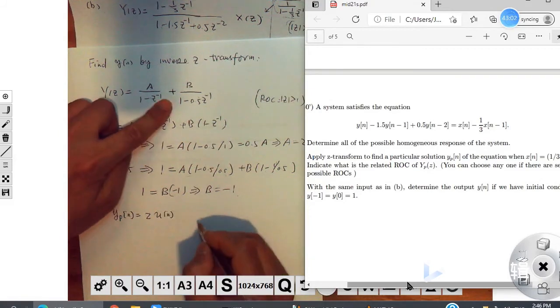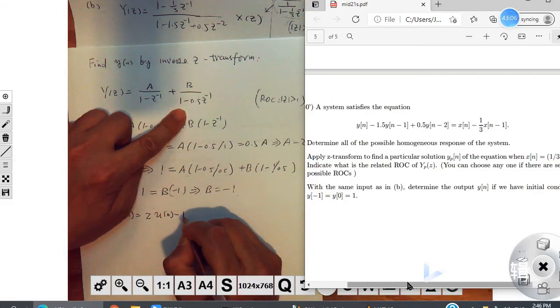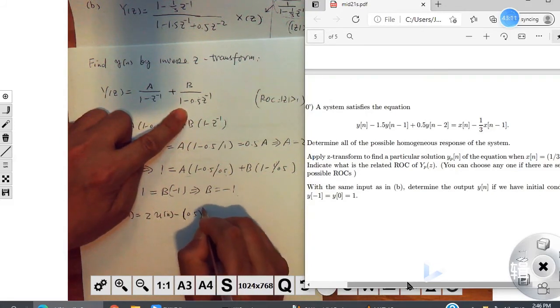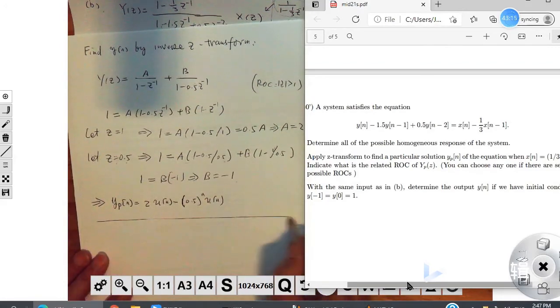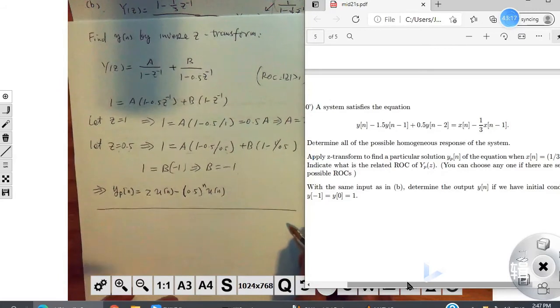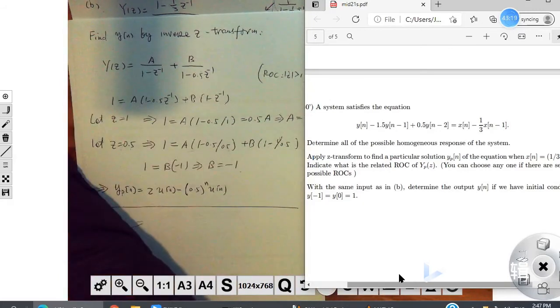And B is negative 1, and in the time domain this will be 0.5 to the n u of n. Okay, so we have the particular solution. Now let's see.